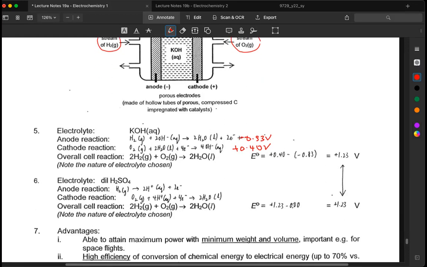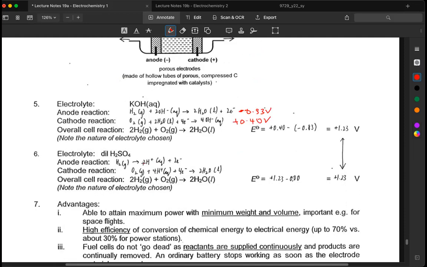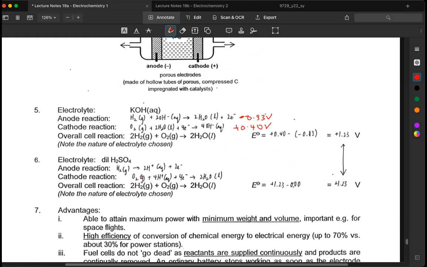If you change the electrolyte to something acidic, like H2SO4, then the hydrogen will be different. Some will be like SHE, so 0 volt. O2 with 4H plus is a different voltage reading. So this one will be plus 1.23 volt.